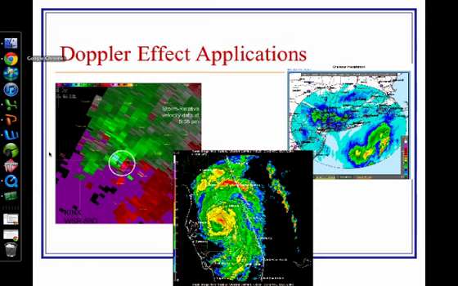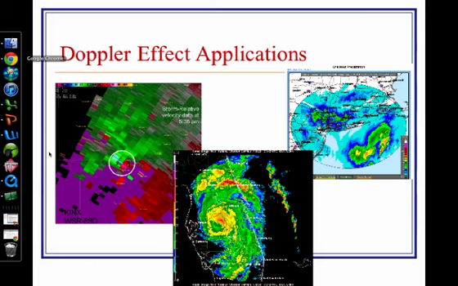With tornadoes and hurricanes, you have something called a Doppler shift, where if it's spinning, one side is moving towards the observer and the other side is moving away. We'll talk a bit more about that in class, or maybe in the next video. So this is the application of the Doppler effect in detecting storms and storm movement.